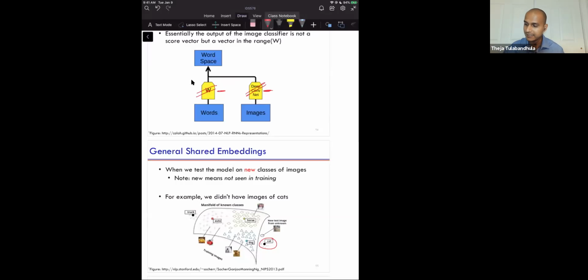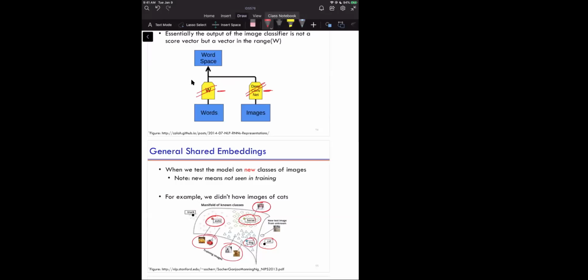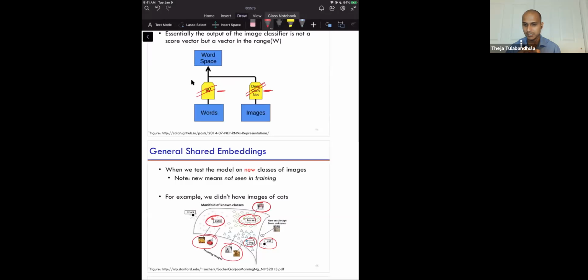In this slide, the cat example is actually a test example. We have images of dogs and the word dog, images of automobiles and the word automobile, images of horses and the word horse. We have a shared space, and we are ensuring that the embeddings of the images correspond to their word labels.